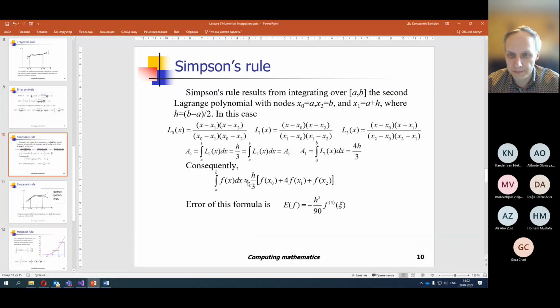According to the formula, the formula for one interval should include f of x0 plus 4 f of x1 plus f of x2, and the common multiplication term is h over 3.